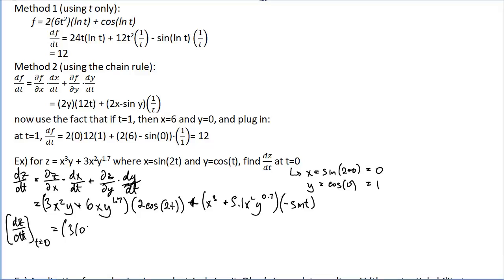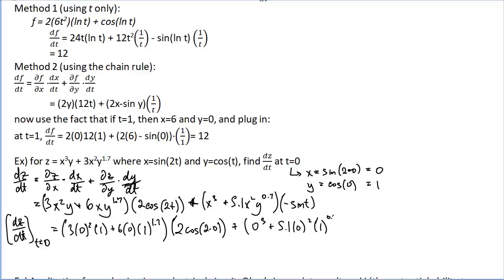You get 3 times 0 squared times 1, plus 6 times 0 times 1 to the 1.7, and all that times 2 cosine of 2 times 0, plus 0 cubed plus 5.1 times 0 squared times 1 to the 0.7, times negative sine of 0. So you plug it in, you work all that out, and you wind up with 0 plus 0, and it all just works out to be 0. So it simplifies pretty easily.